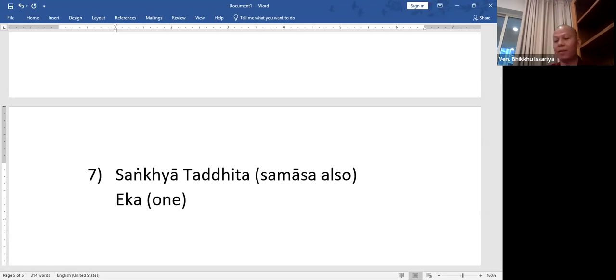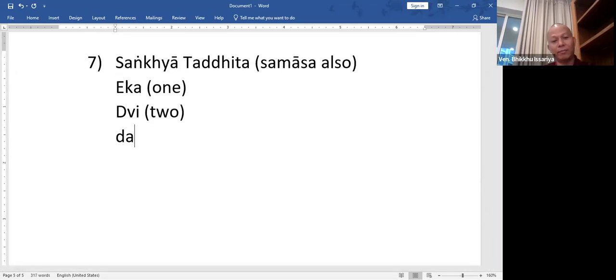Not as a digu, mostly as a dvanda or maybe dvanda purisa. Eka also appears in the chanting sutta, so many eka. And then dvi. Dvi means two.